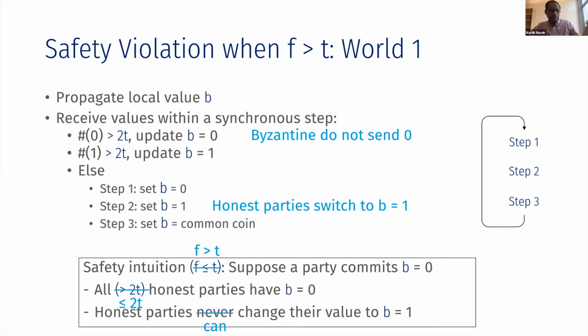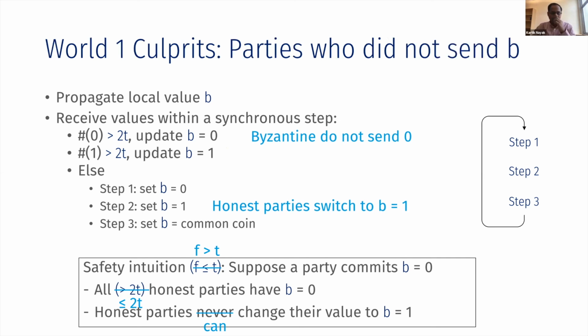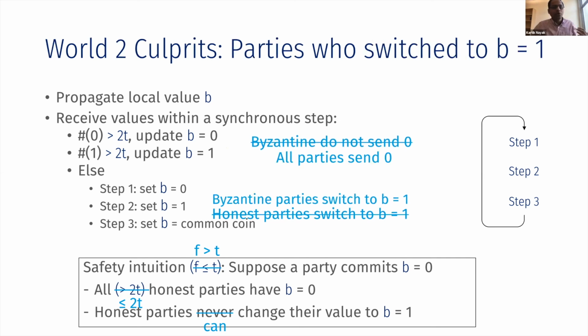Well, you can say that Byzantine parties cheated over here. What if we detect them and call these Byzantine parties who do not send 0 culpable? Unfortunately, you cannot do that because this world is actually indistinguishable from a different world where all the parties actually sent 0, but there exist Byzantine parties who received the correct set of values and yet decided to switch their value of B to 1.